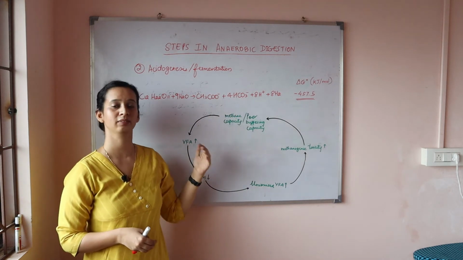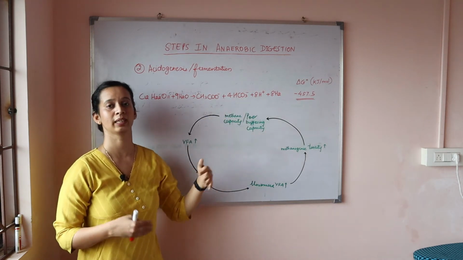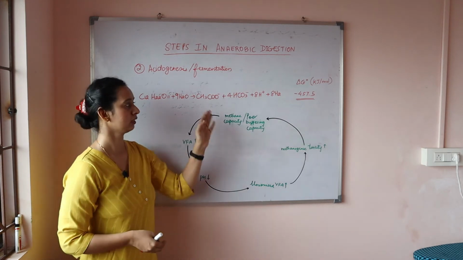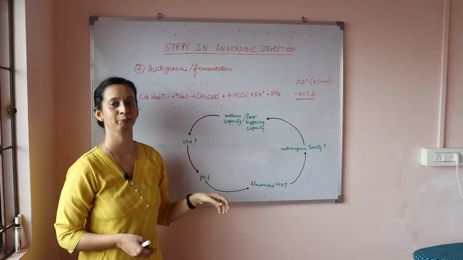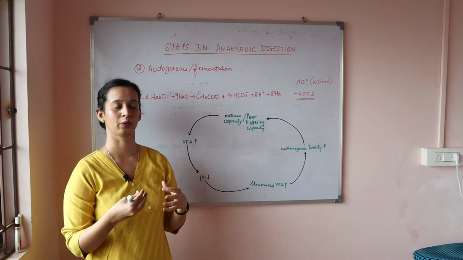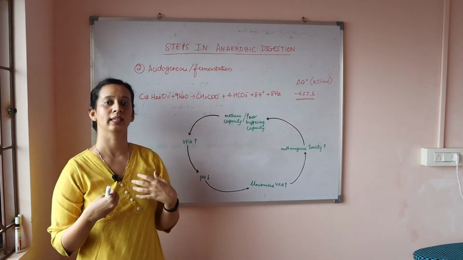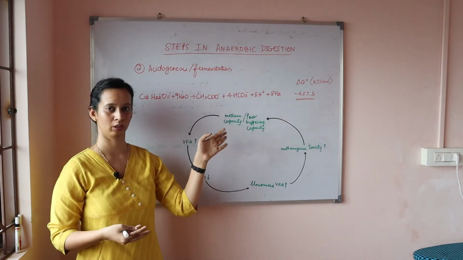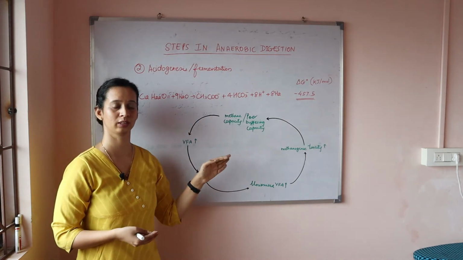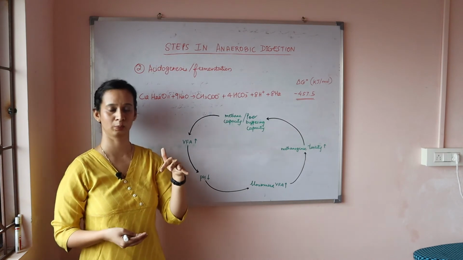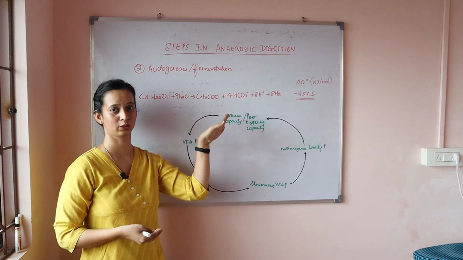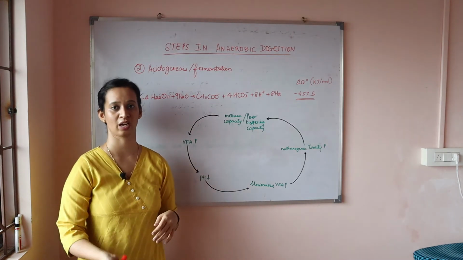If the value is positive, that means it is difficult for the reaction to occur spontaneously. So this is a very spontaneous reaction. You do not require to do much for this reaction to occur. The bottleneck of anaerobic digestion is hydrolysis, so once it gets done, this acidogenesis moves very fast.